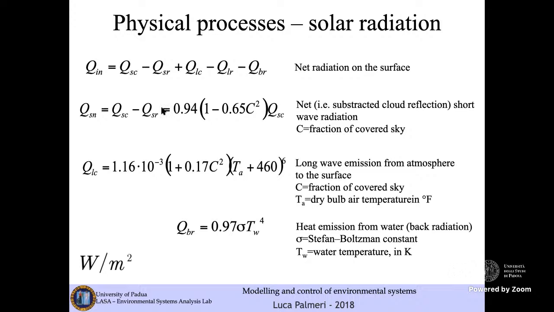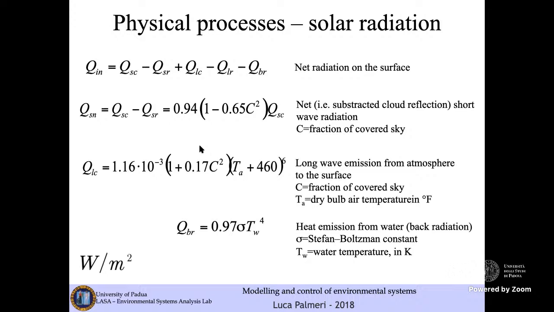The net short wave radiation, QSN, so the short wave radiation subtracted cloud radiation, may be expressed by these two terms: the short radiation absorbed by clouds minus short radiation reflected by clouds as well.